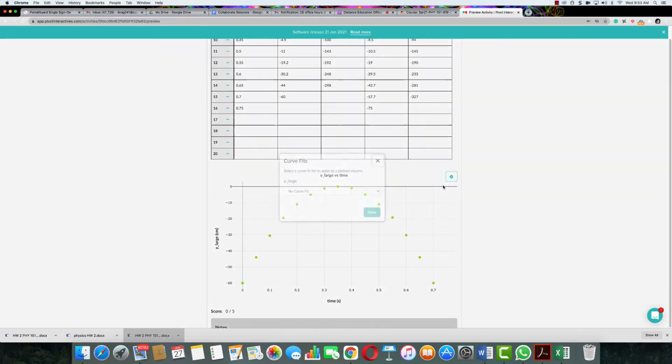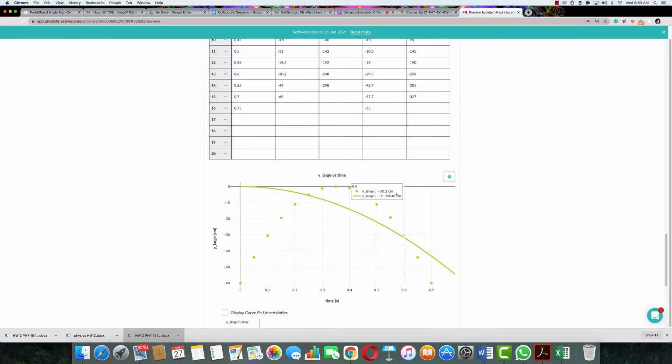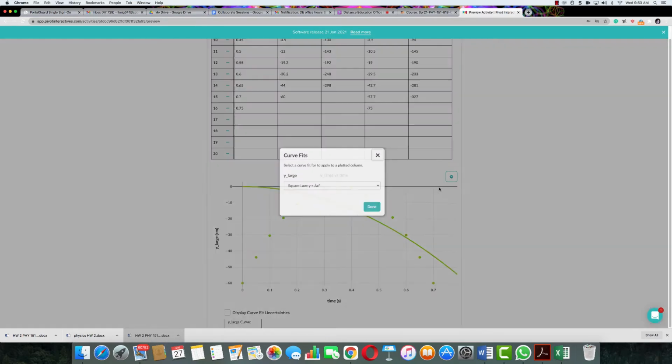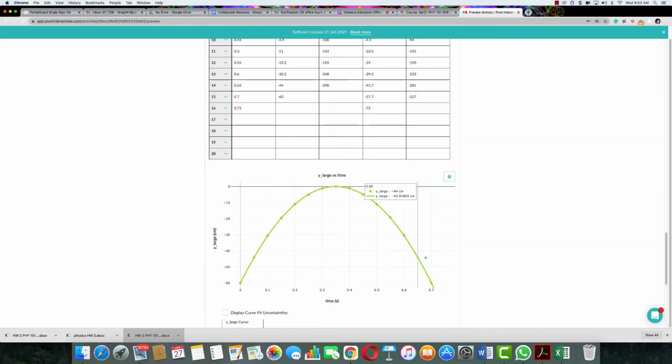If I do a curve fit, I'm going to do a y equals ax squared fit. Oops. Wait a minute. No, I'm not. I'm going to do a quadratic on it because it's a quadratic equation.